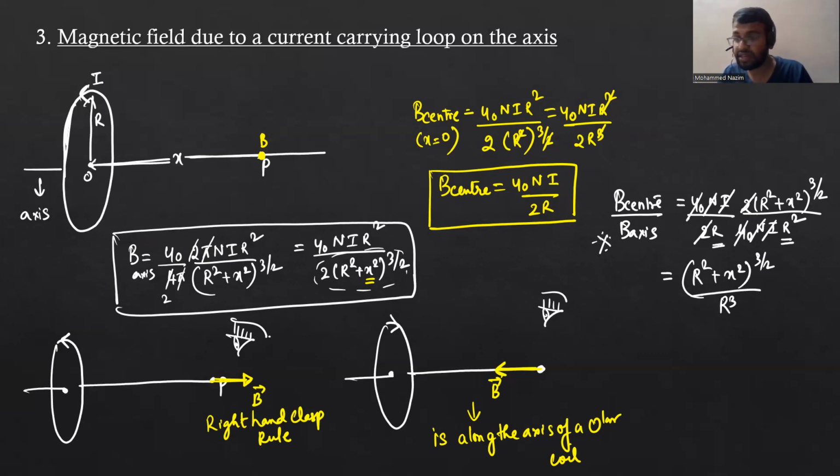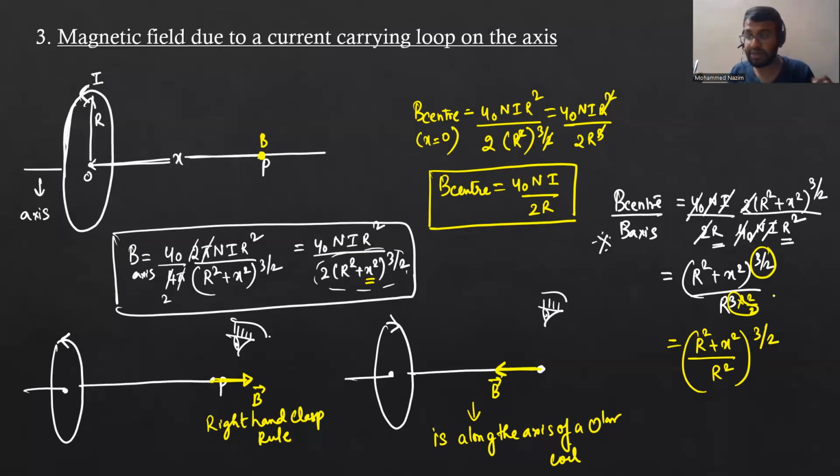Now here, since power 3 by 2 is there, I'll multiply and divide by 2. So here r cube, I can easily write as divide by 2 and multiply by 2, and then this can be written as r square plus x square divided by r square, the whole power 3 by 2. I hope you're understanding. This 3 by 2 is there, here also 3 by 2 is there.